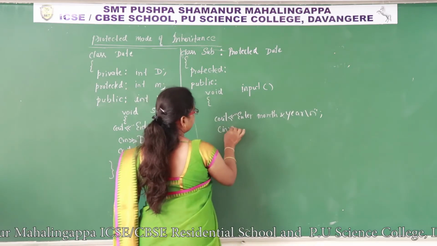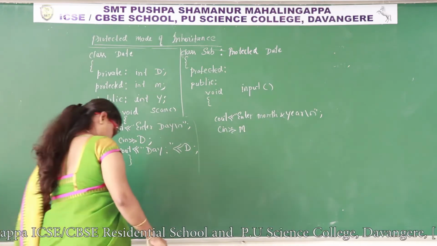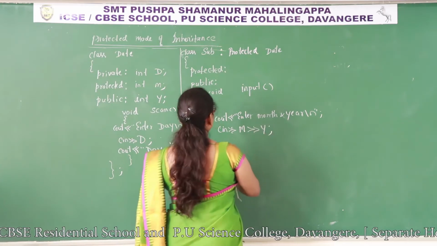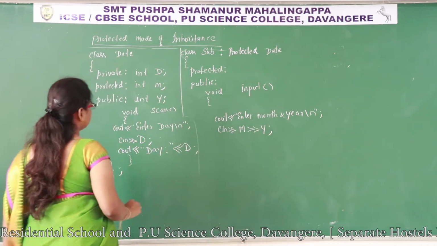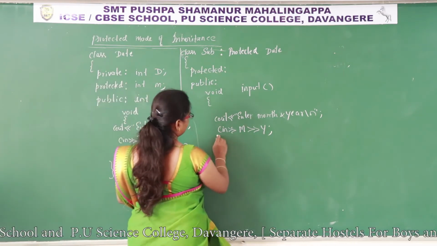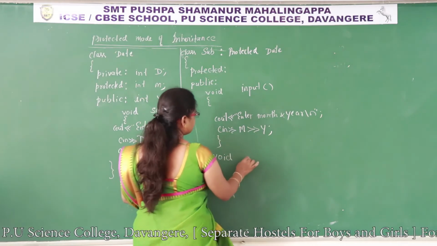Cin extraction month and year. Now function close. I'll take another function, void show.